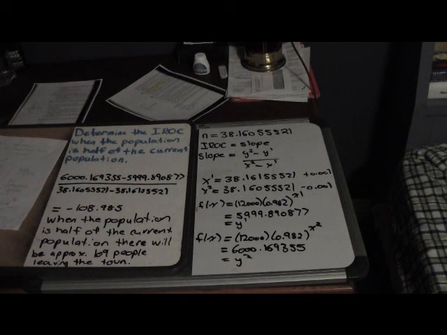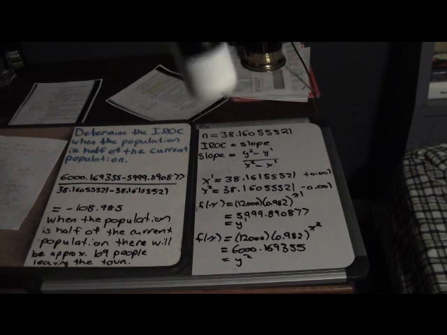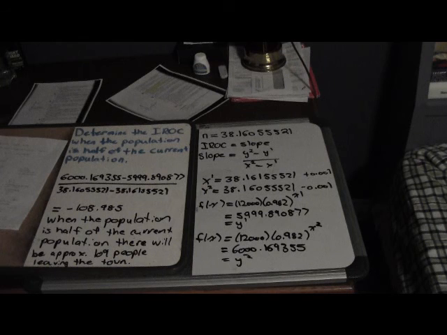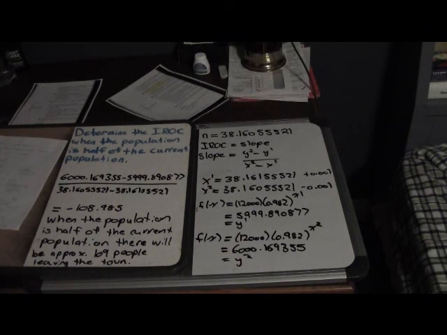And as you recall, the slope is equal to y2 minus y1 over x2 minus x1. Once again, we can't just use our n value because that will give us one x value and one y value. So what we do again is we add 0.001 to our n value, which gives us our x1, and then we subtract 0.001 from our n value, which gives us our x2 right there.